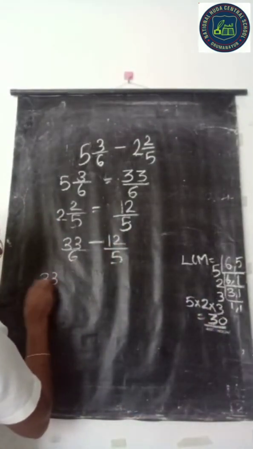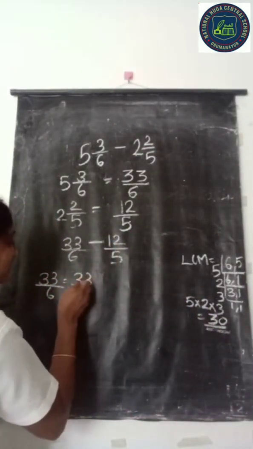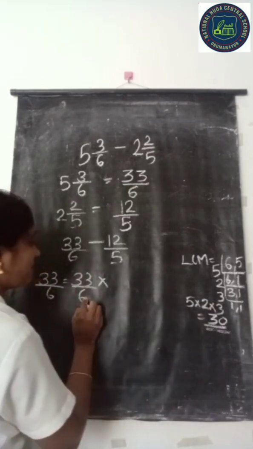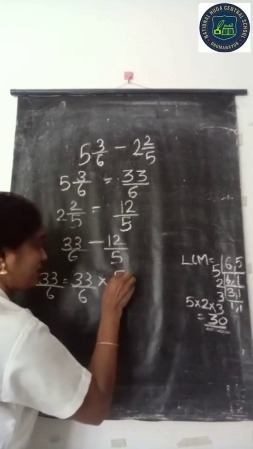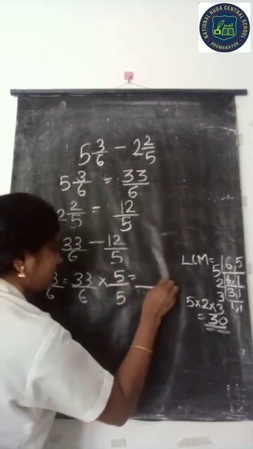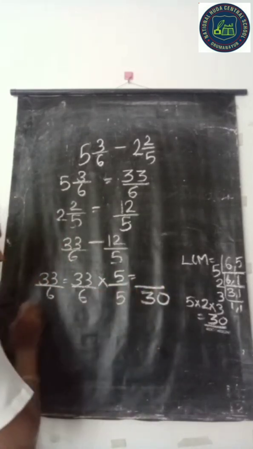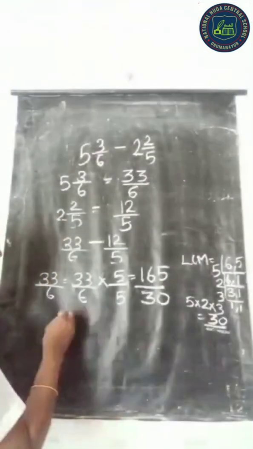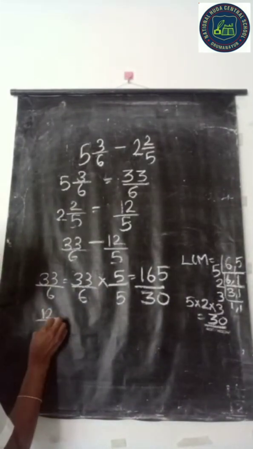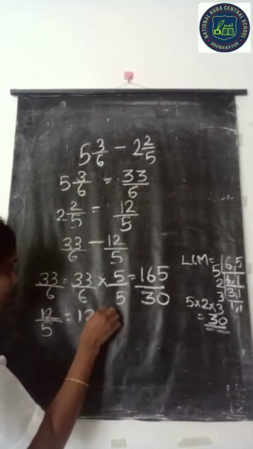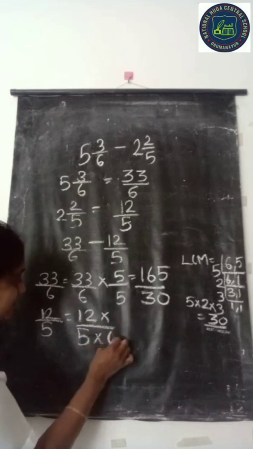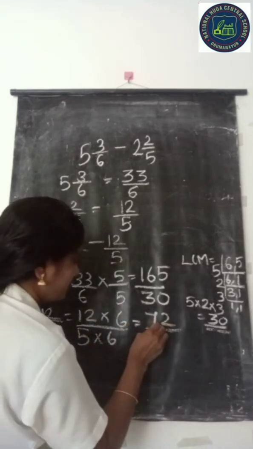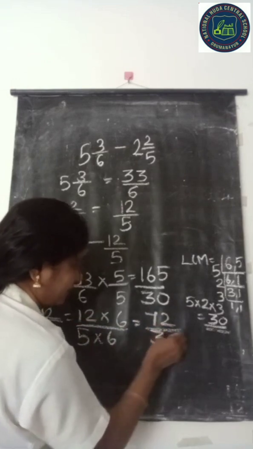That is 33 by 6 equal to 33 by 6 into 5. So we have to multiply by 5 here. Then only it will become 30. This will become 165. The next number is 12 by 5, is equal to 12 into 6, is equal to 72 divided by 30.